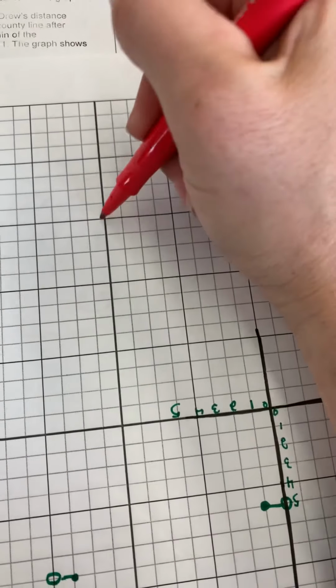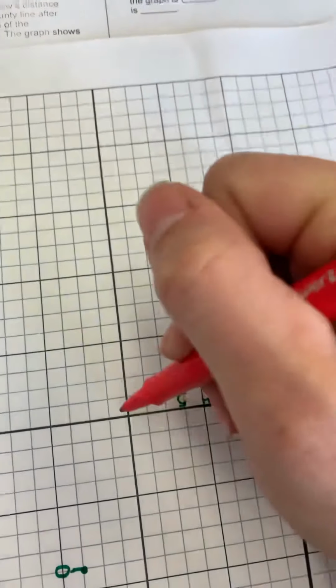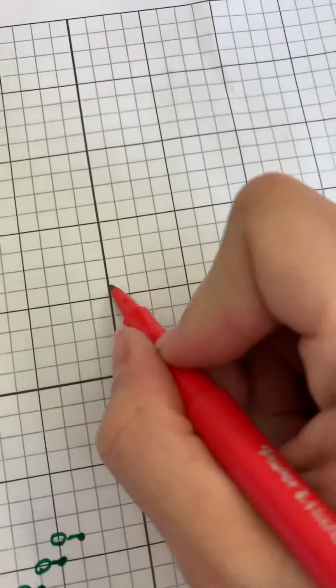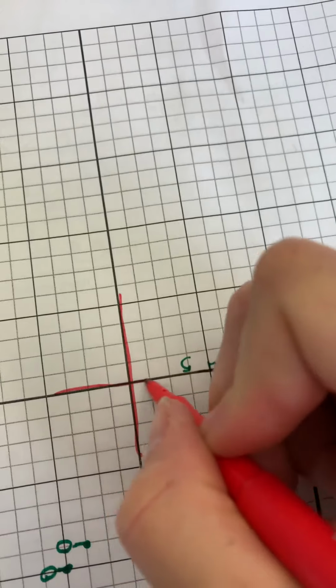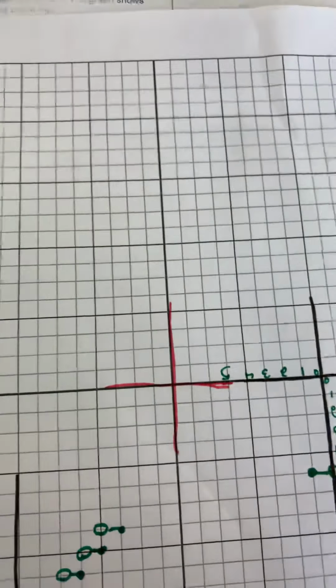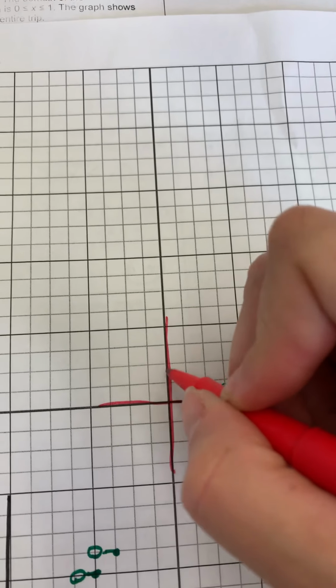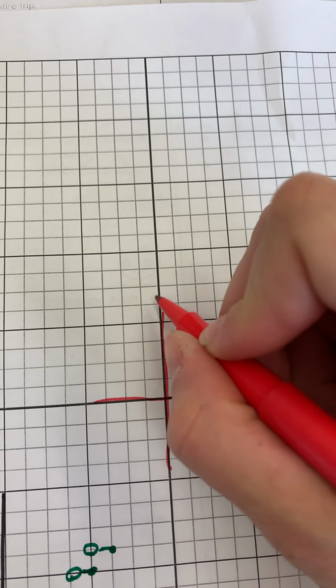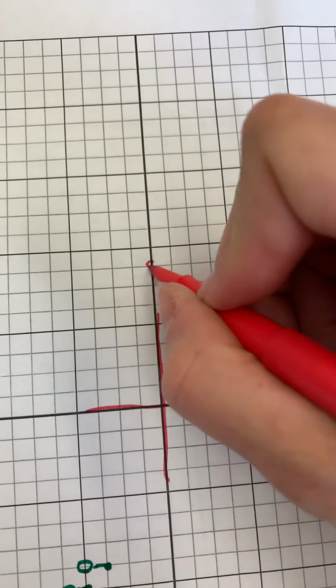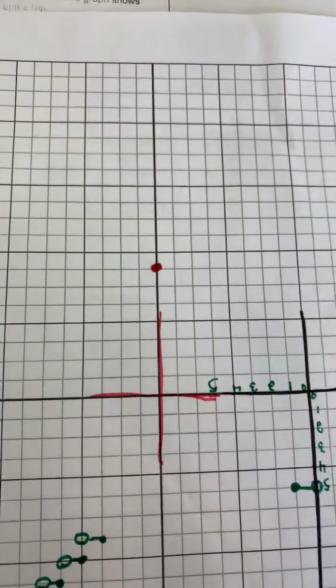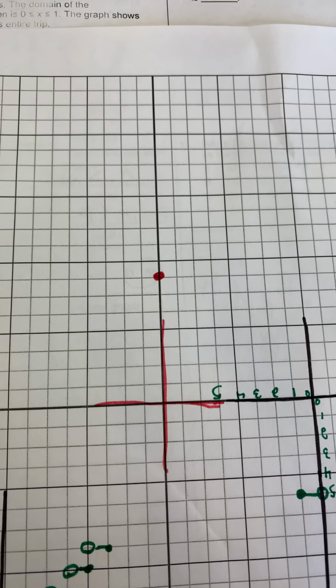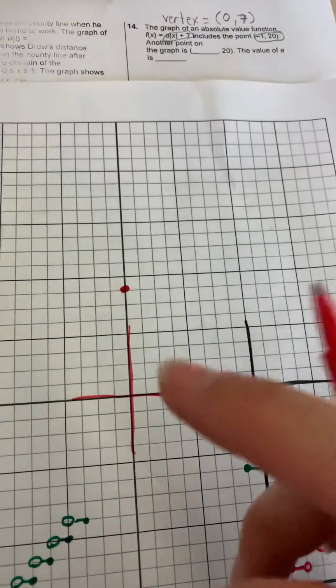So 4, 8, 12, 16, 20. All right, this has to be my origin way down here. And my vertex is at 0, 7. So 1, 2, 3, 4, 5, 6, 7. And then I have a coordinate at negative 1, 20.